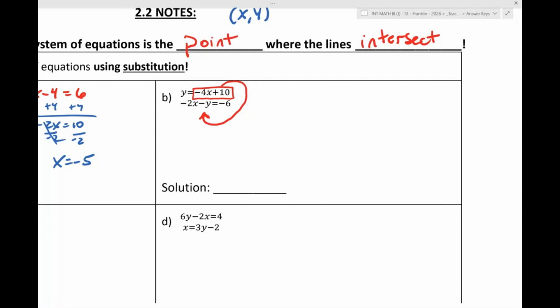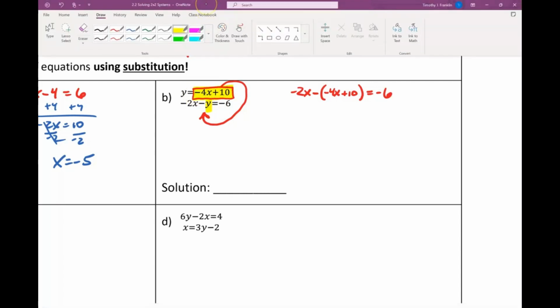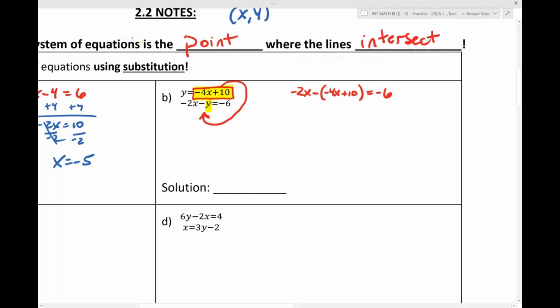Anyway, let's substitute this in. We've got negative 2x minus, but then instead of y, I'm going to put this entire thing, negative 4x plus 10, and that equals negative 6. So notice I didn't change the equation. I just replaced this y with this entire expression. And now we can solve.